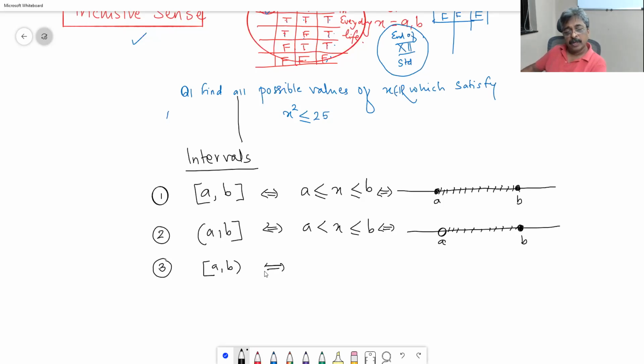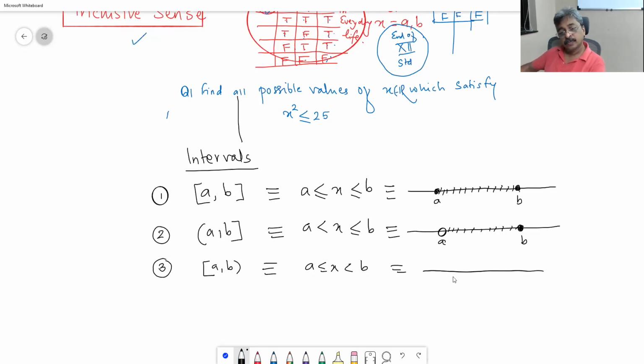This is exactly equivalent, the same. Maybe I will use the equivalent sign of 3 horizontal lines. This is equivalent. A is less than or equal to x is less than b: a dark, b hollow, and all the points in between.